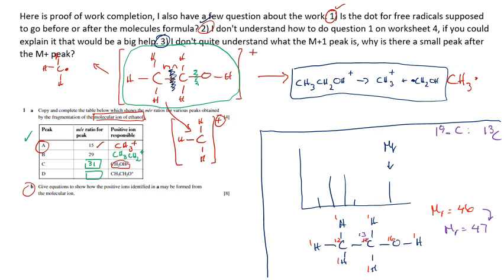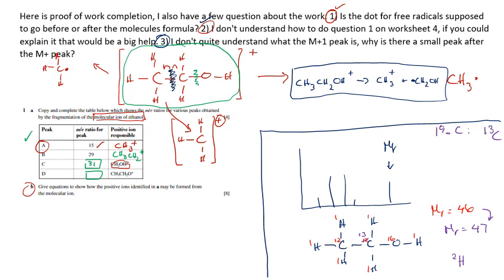Take hydrogen for example, you could feasibly imagine a deuterium atom replacing one of these hydrogens, but deuterium is much less common than carbon-13, about 1 in 1,000 molecules. So there would be the odd molecular ion that would have a deuterium, but it would be indistinguishable on the mass spectrometer.